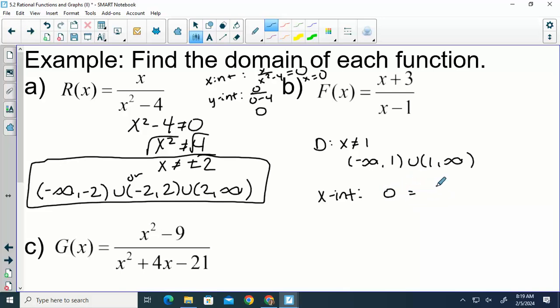Make that f of x equals 0. If you multiply over the denominator, you would have 0 equals x plus 3, which is negative 3. So the x-intercept is really just what makes the top of the fraction 0.